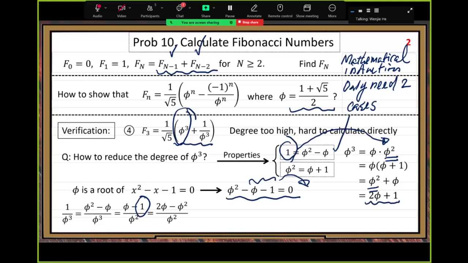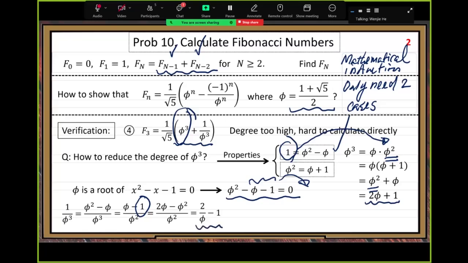So we get 2 phi minus phi squared over phi squared. Let's do simplification: 2 over phi minus 1. The degree of the denominator is lower, this time just phi.